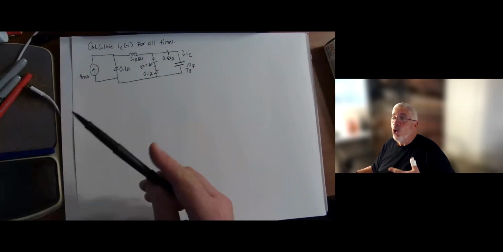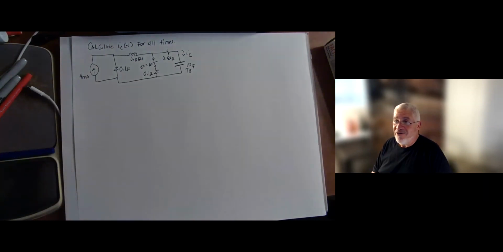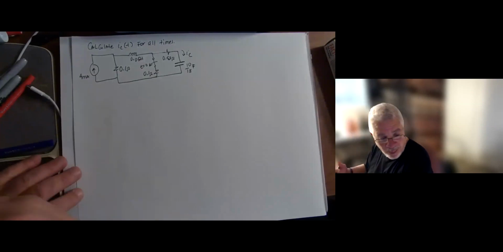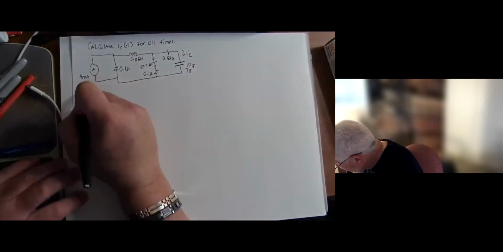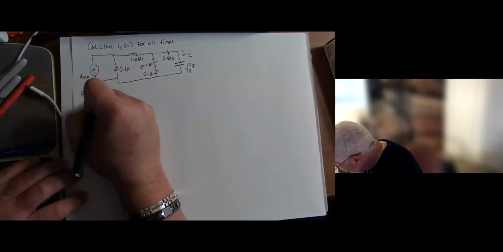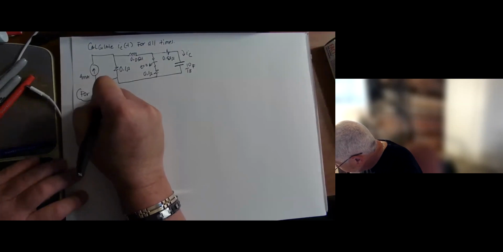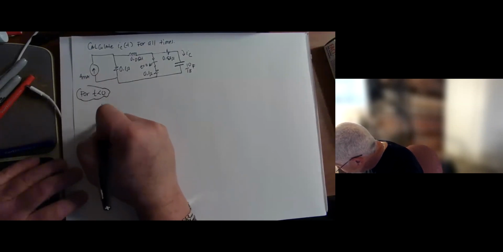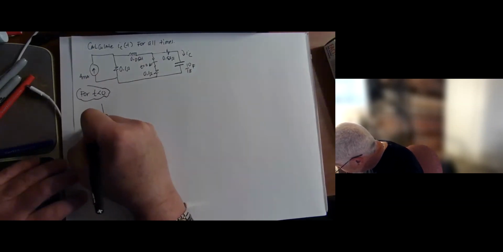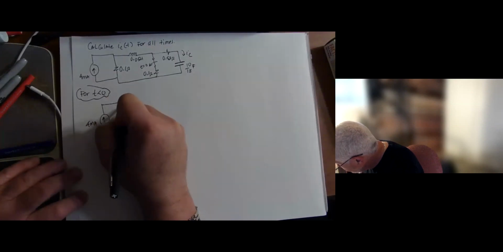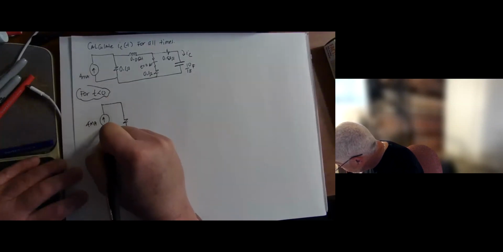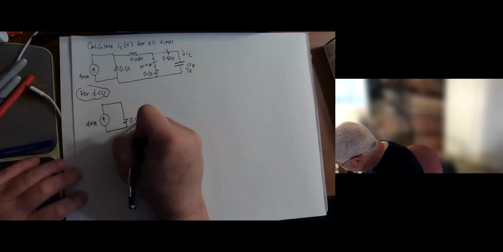So we're going to solve the circuit for two time periods, starting with t less than 0. What do we have here? We have the 4 milliamp source and the 0.1 ohm resistor.